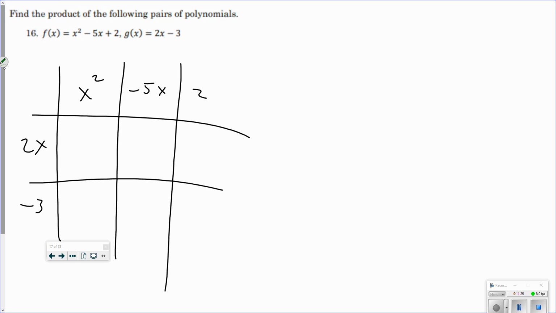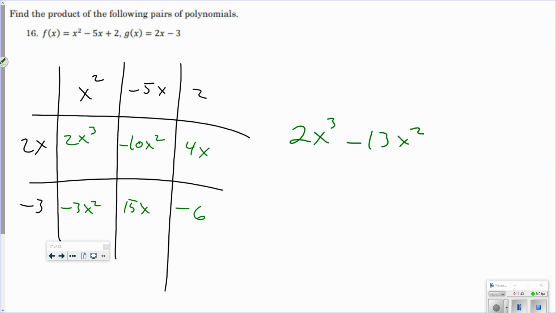Multiply in, you have 2x cubed, negative 10x squared, 4x, negative 3x squared, 15x, negative 6. Add like terms to get 2x cubed, minus 13x squared, plus 19x, minus 6. So you can do it this way, or you can just distribute it out if you want to, but all multiplication can be just like that.